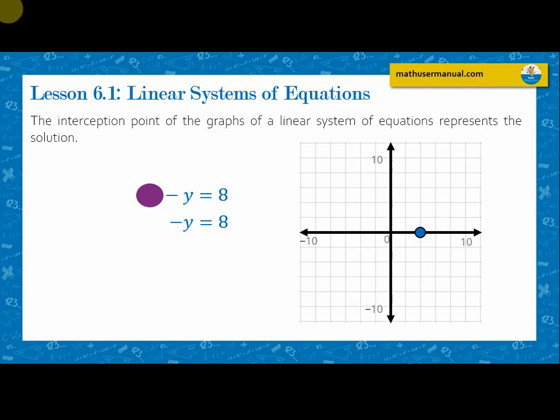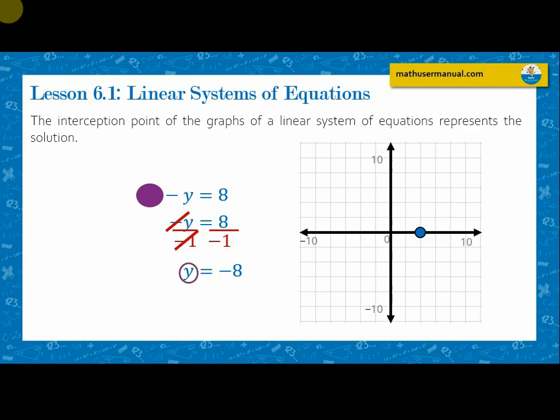Either option is correct. Let's divide by -1 in this video. Why do we divide by -1? Because the negatives cancel. But if we do it on one side, we have to do it on the other. 8 divided by -1 is equal to -8.